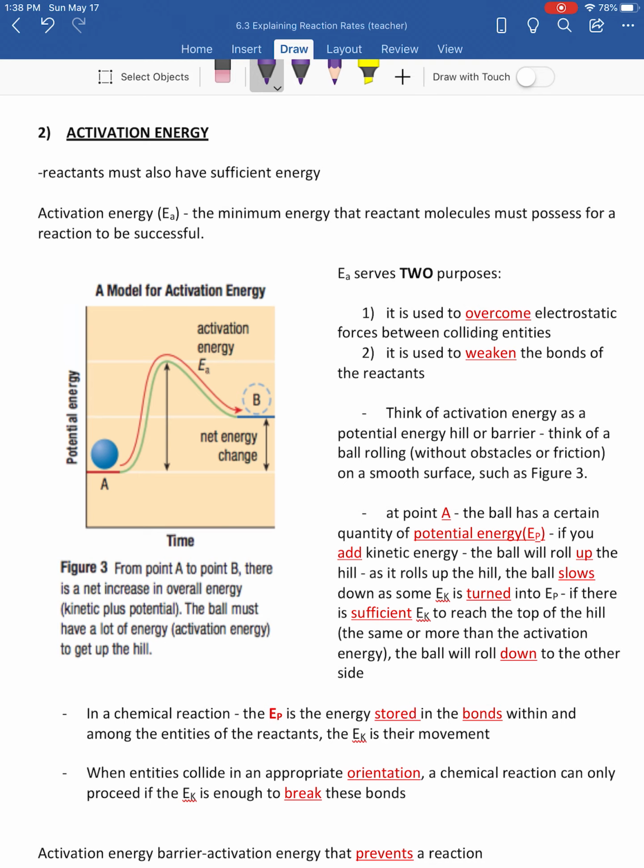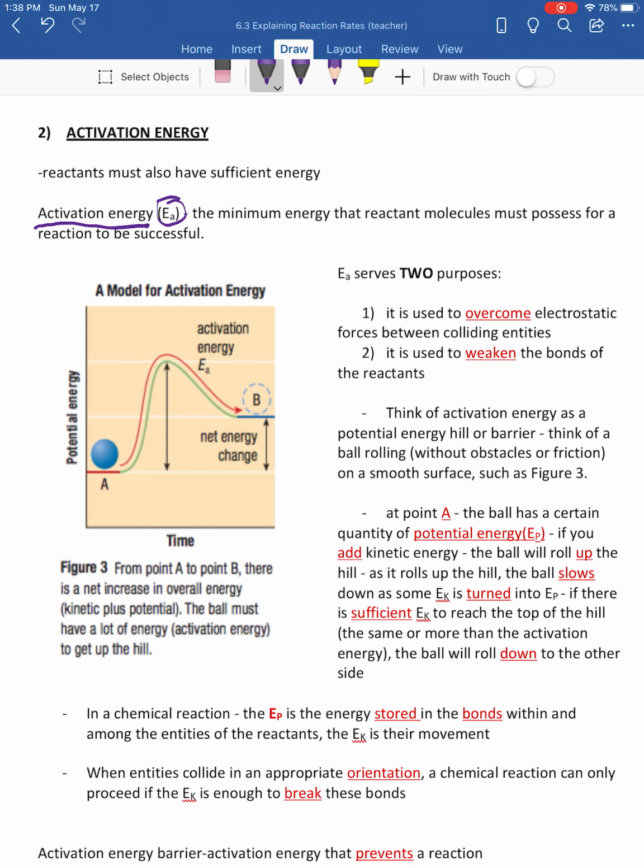Okay, so that's one thing. But not only that, they have to collide with enough force to break old bonds and make new bonds. So the force or the energy required to break old and make new is what we refer to as our activation energy. Okay, and the variable is E subscript little a.